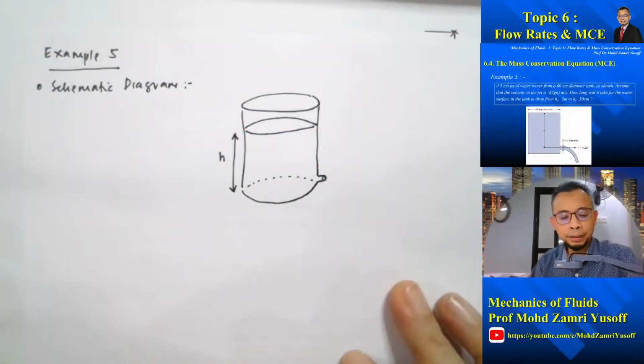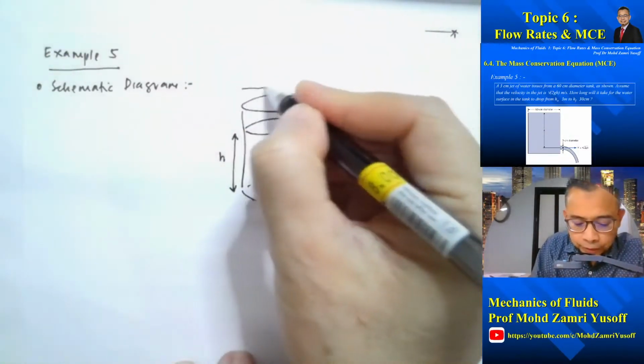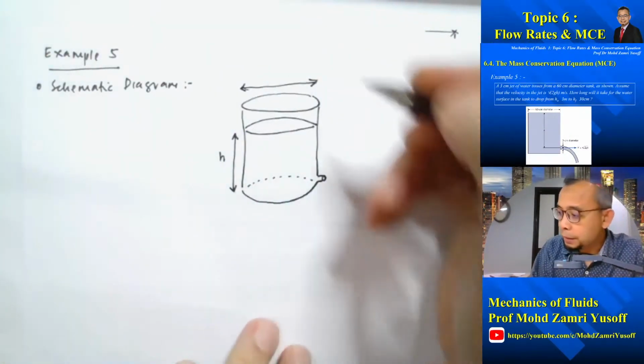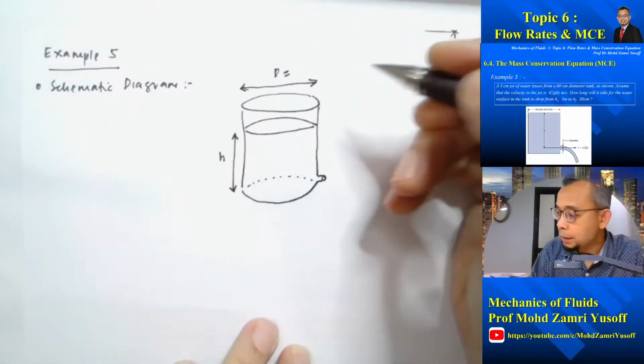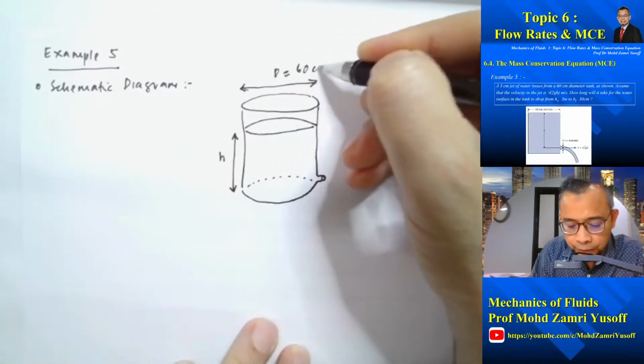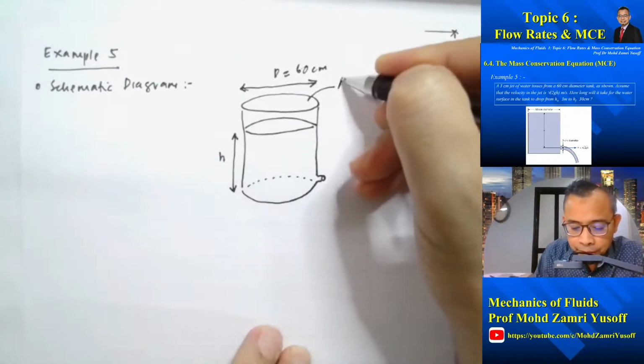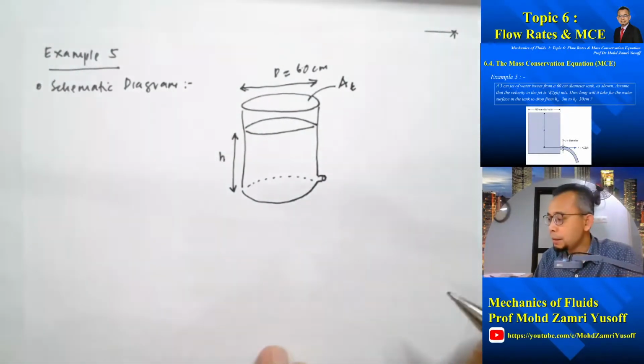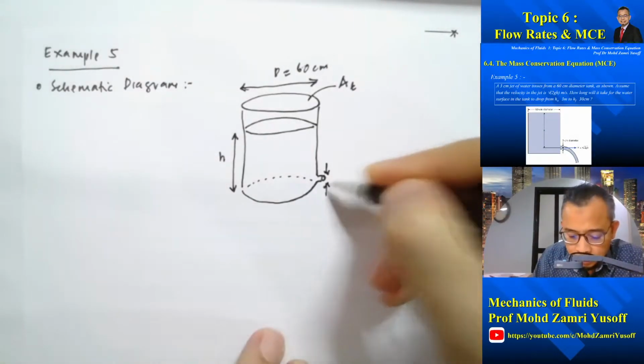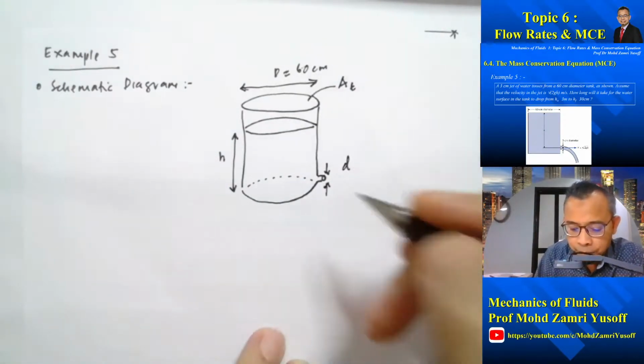So let's consider the tank here. The tank has a diameter big D equal to 60 centimeter, and let's call the cross-sectional area of the tank At. Then let's call the diameter of the hole small d.